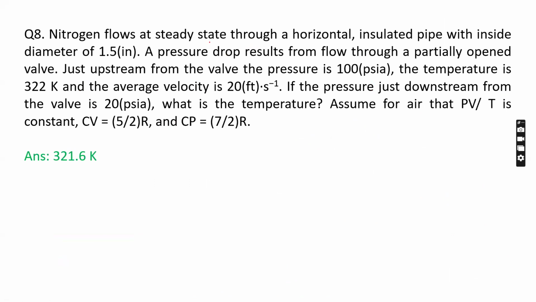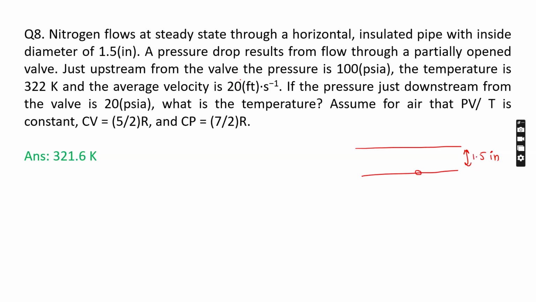Coming to the last question we have here. Nitrogen flows at a steady state through a horizontal insulated pipe with an inside diameter of 1.5 inch. You can convert this into meters if we are working completely with SI units. A pressure drop results from flow through a partially opened valve.